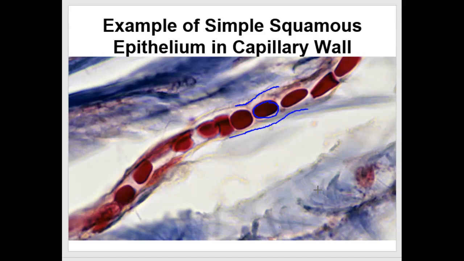And the wall of the capillary is made of the finest epithelium, meaning the thinnest, simple squamous epithelium. And that provides the ideal surface for substances to move across, usually diffusion, like gases, for example. So oxygen is going to be dropped off and carbon dioxide will be picked up from your body tissues.